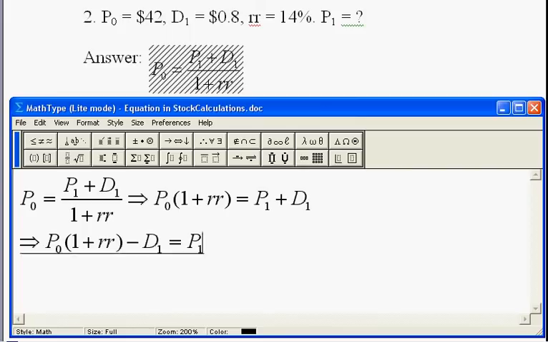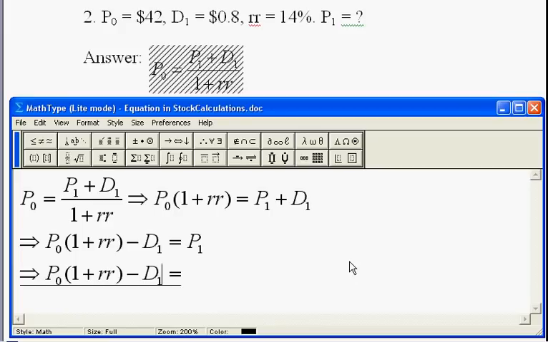So now I got the future price singled out. This says basically the future price of this stock now equals the current price times 1 plus the required return, then minus the future dividend.